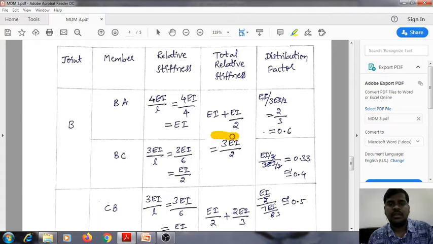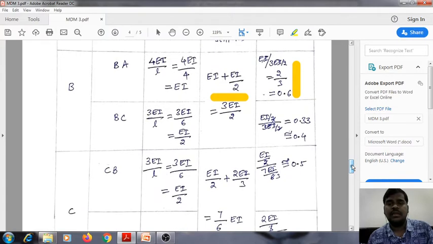Next, coming to the distribution factor, that is the relative stiffness of BA, EI, by the total relative stiffness, 3 EI by 2. So we get 2 by 3, that is 0.6. In the same manner for BC, EI by 2 over 3 EI by 2, that is 0.4.